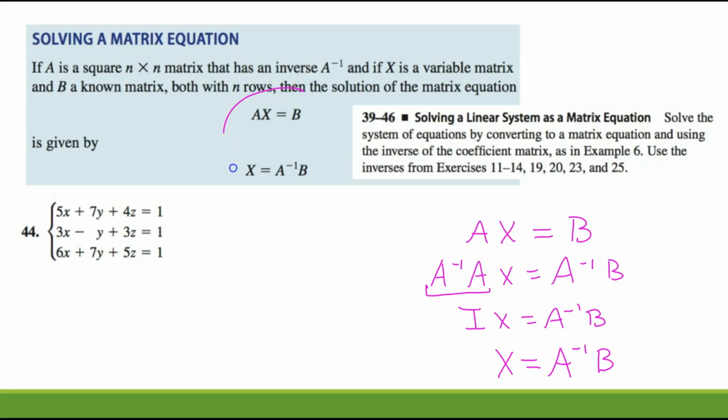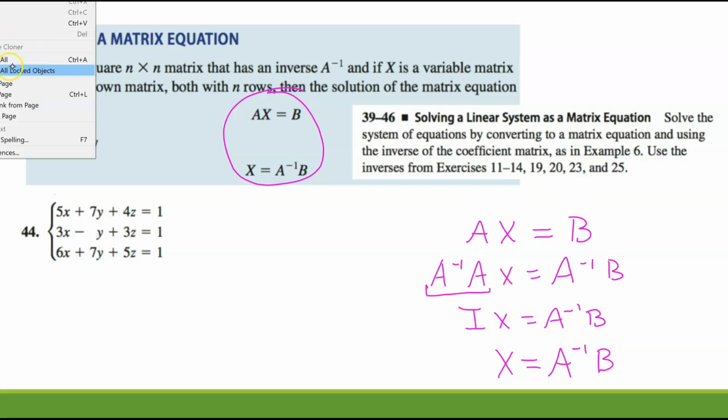And that's all this is saying, that I have a new way to solve systems of equations. I don't have to use this. RREF is still going to be our best option, but it's part of this section, so I'm going to show you how to do this part of the section.